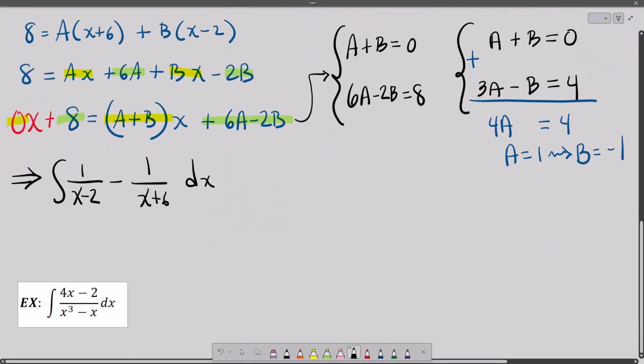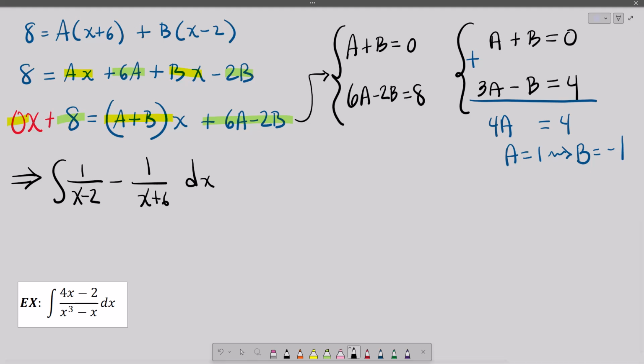So we've now decomposed the rational function into its partial fractions. And then this, we can integrate easily. Natural log absolute x minus 2 minus natural log absolute x plus 6 plus c.